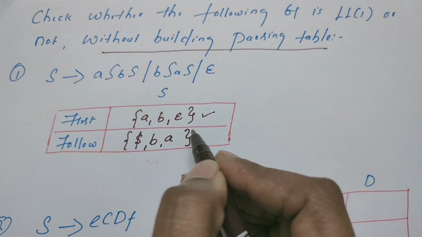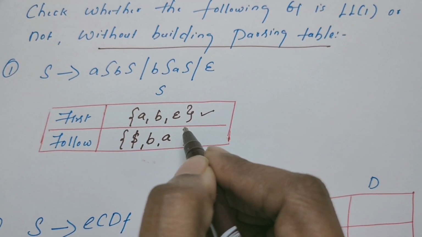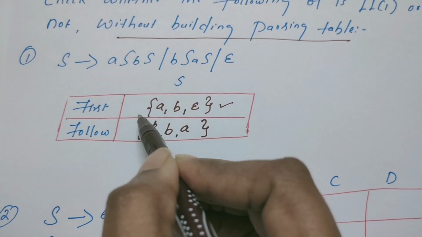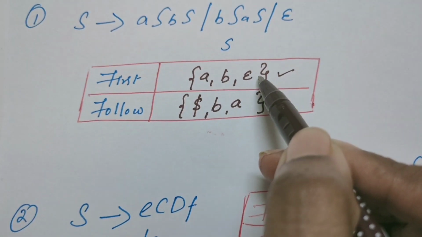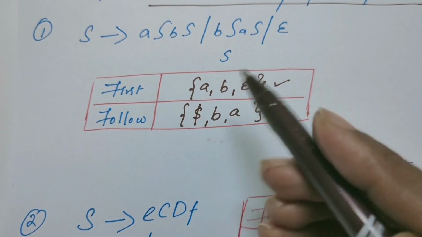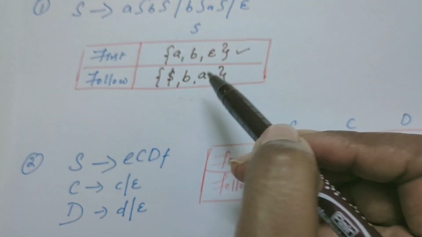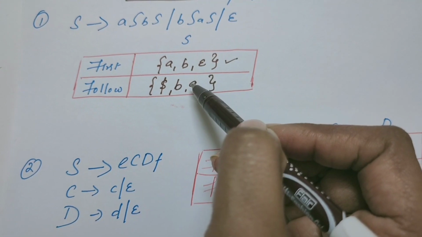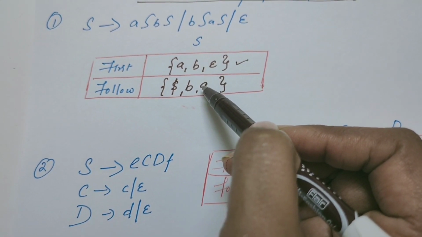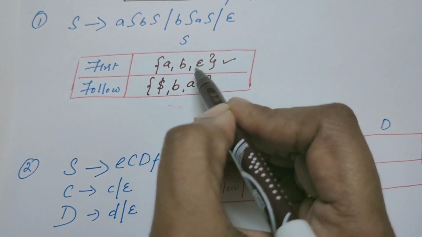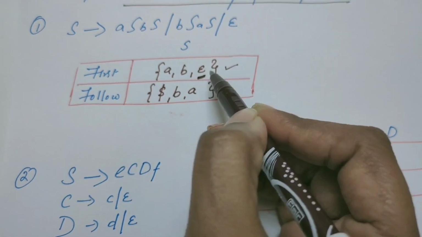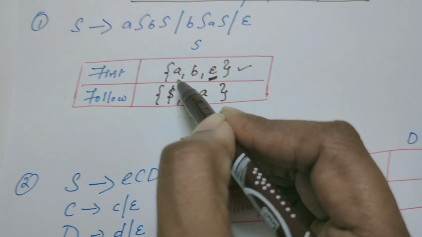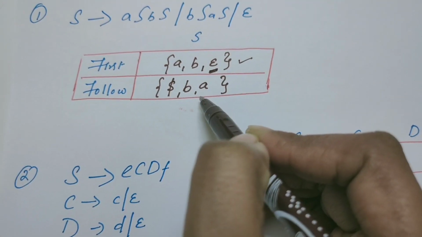Okay, now let us recollect the second condition. What is the second condition? If first of either alpha or beta derives epsilon, then the follow set of S should not contain the same symbols that are in the first set. So first of beta is epsilon. First of alpha is A and B. Now see what follow of S is.